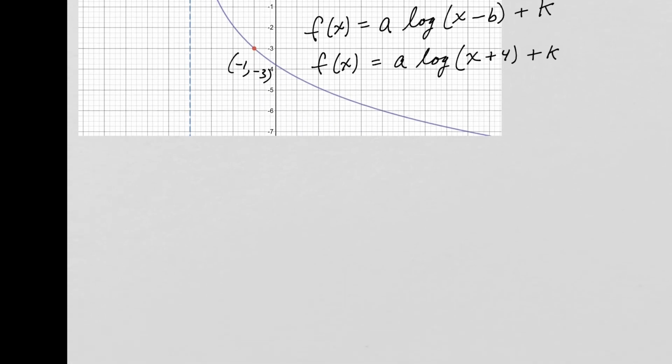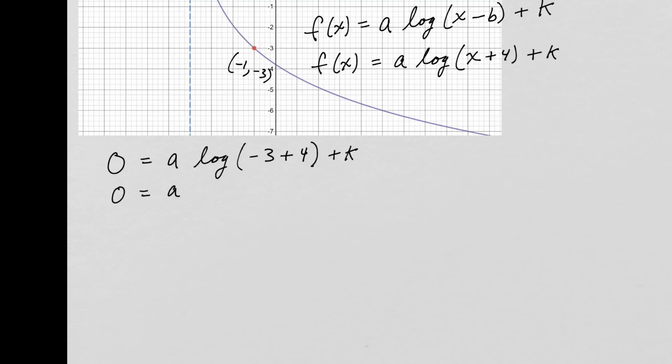So my output is 0, equal to a log, I'm going to plug in negative 3. We already know the b is 4, so I'll leave that as plus 4, plus k. But what's negative 3 plus 4? That's 1, right? So this is 0 is equal to a times log of 1 plus k.